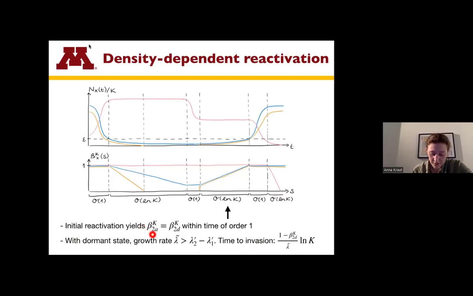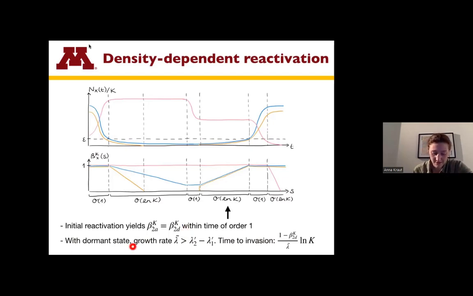For one, because due to reactivation on the time scale of order 1, we have a vast influx of active cells initially. So within a very short time, the active cells will have the same order of population as the dormant cells, which gives them a better initial condition for growth.